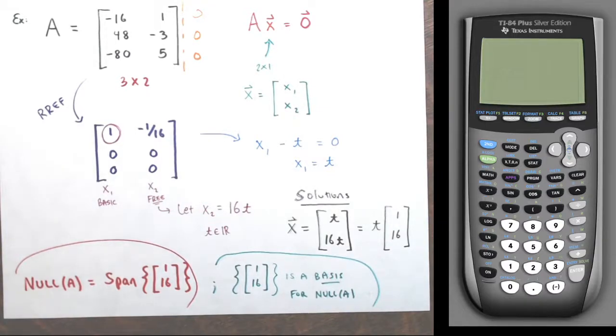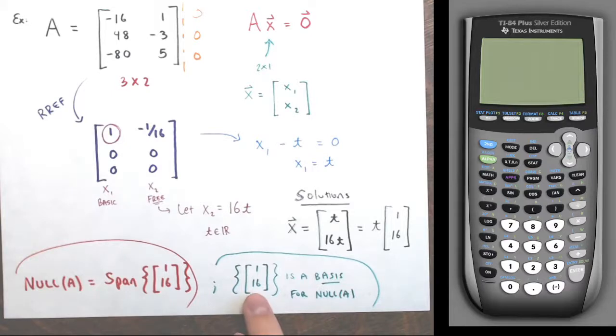Wonderful. So far, in every example, the null space has had infinitely many vectors in it. Every example I've shown so far, the equation Ax equals 0 has had infinitely many solutions. There have been free variables, and maybe you noticed also that the number of free variables corresponded to the number of vectors in a basis.